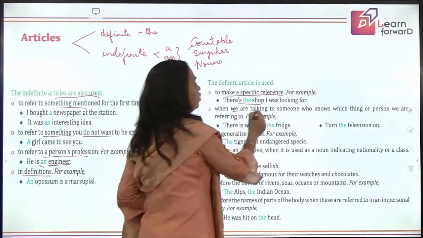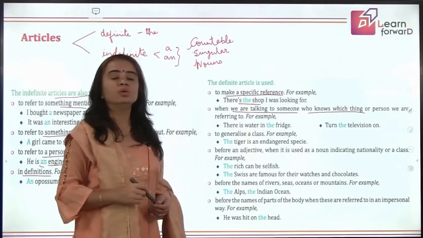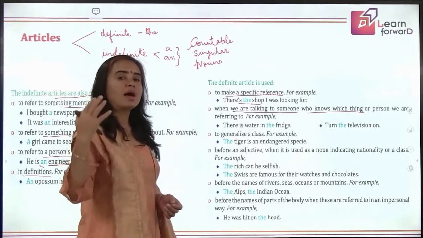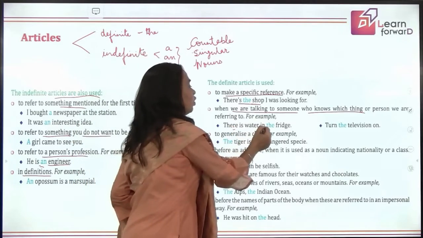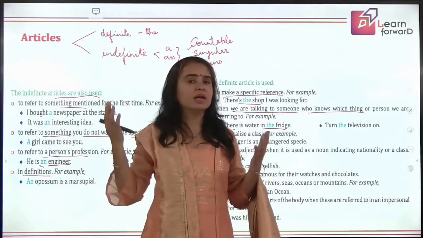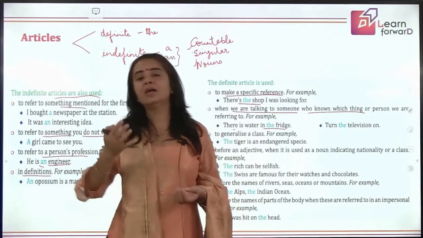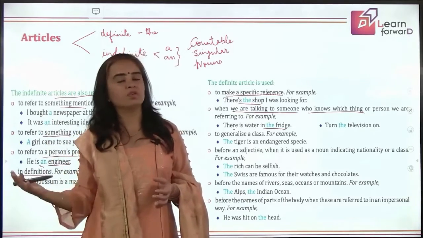And then when we talk of someone who knows which thing or person we are referring to, that means you are referring to something in particular again, like there is water in the fridge. So which fridge are you talking about? It's certain that the fridge is somewhere around, maybe at your home, at your workplace, wherever.